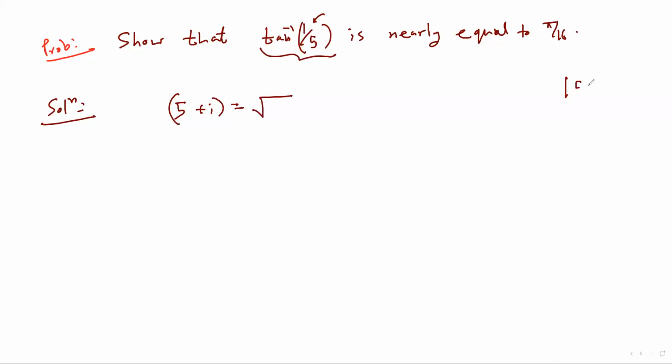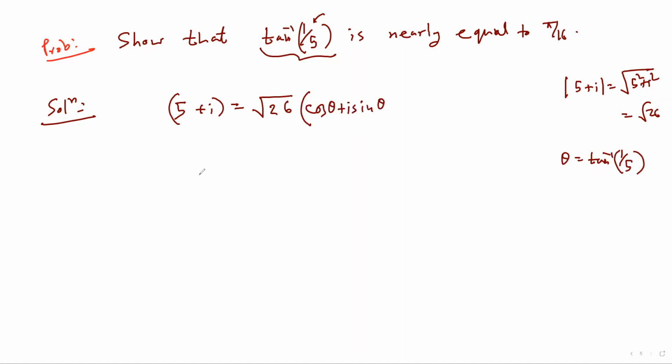You can see that the modulus of 5 plus I is root over 5 square plus 1 square, which is root over 26. And say the argument theta is what we are trying to approximate here, which is tan inverse 1 by 5. Then this number is going to be root over 26 times cos theta plus I sin theta.